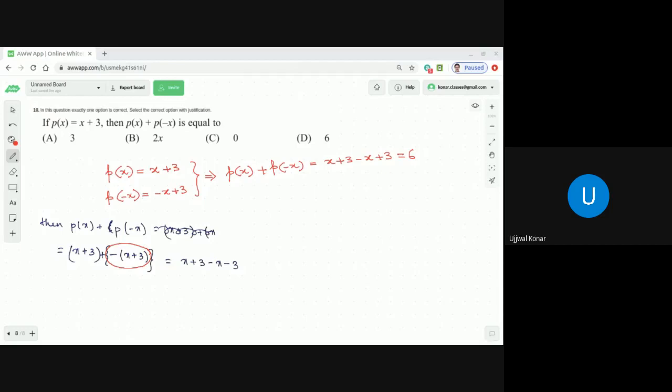Okay, now let me go to DPP 5. To DPP 5, last question, I have doubts.